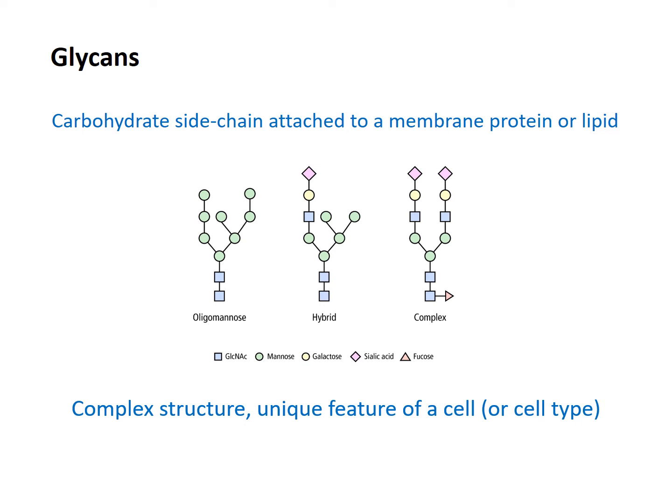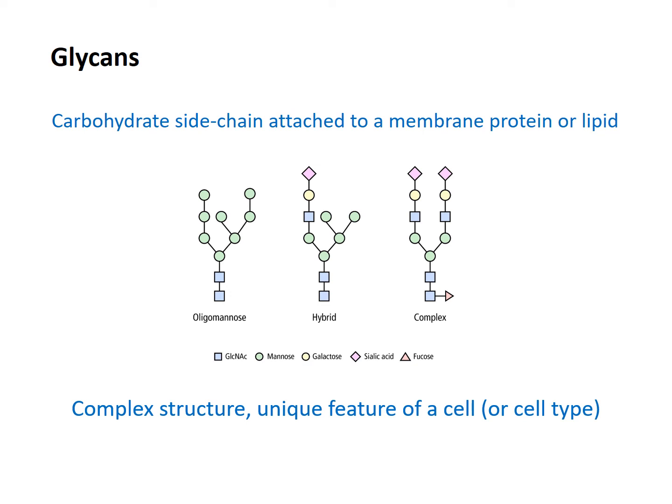This relates to the purpose of glycans. Because of this diversity, the structural complexity of glycans, each type of cell can have its own unique glycan. In this way, your body can tell the difference between a neuron and a skeletal muscle cell.